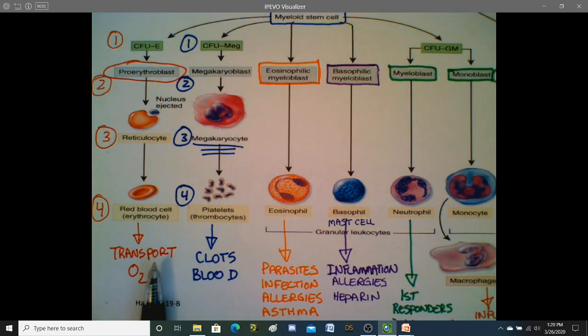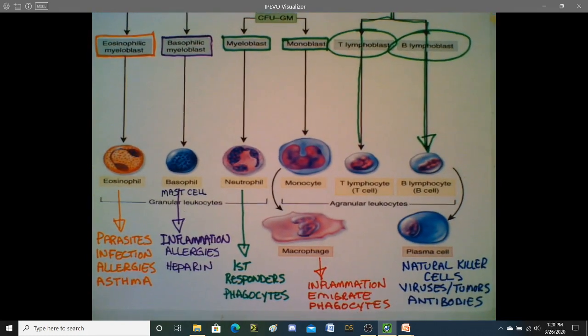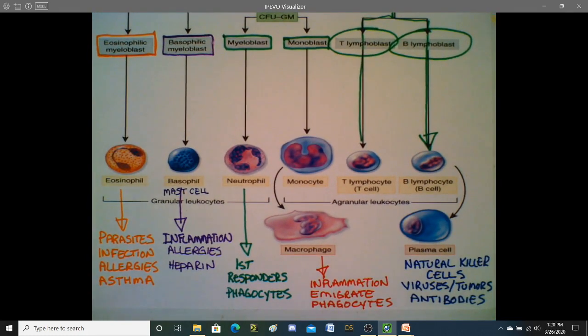It's because they're carrying oxygen. This is also why blood is red. Our platelets are going to be clotting blood. I've already mentioned that. And then the 6 different white blood cells have 6 different functions. So we'll cover this maybe very briefly in another video.